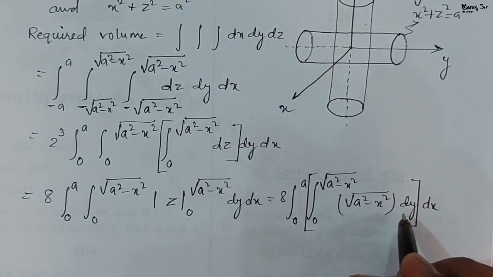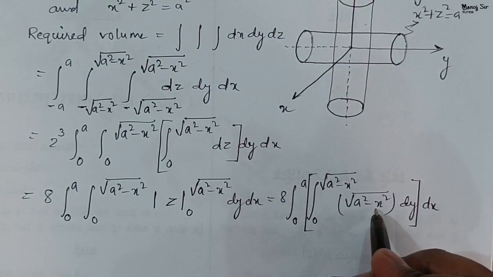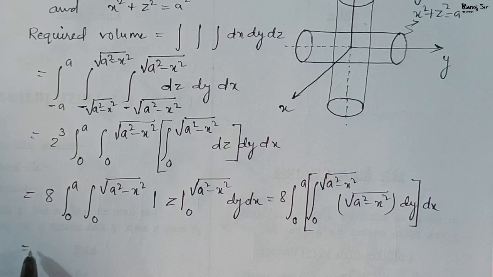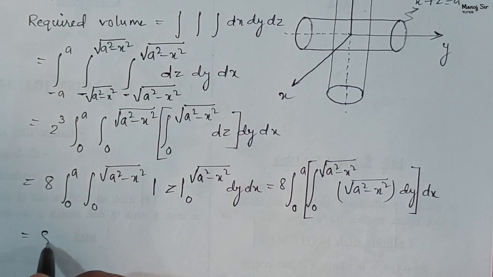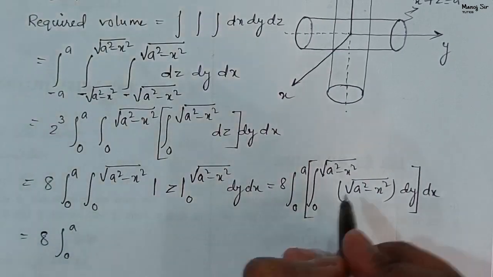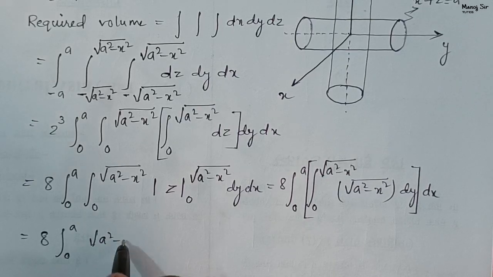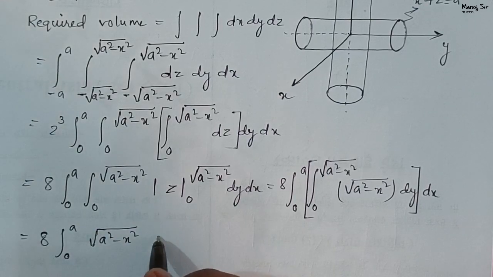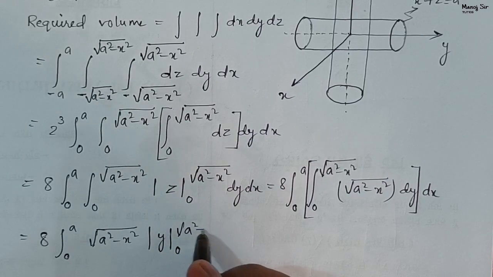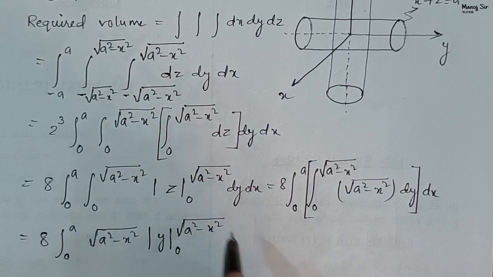Okay, since we are integrating with respect to y, we will keep x as constant. So this is going to be 8, 0 to a, root of a square minus x square times y, limit goes from 0 to root of a square minus x square, then write this dx.